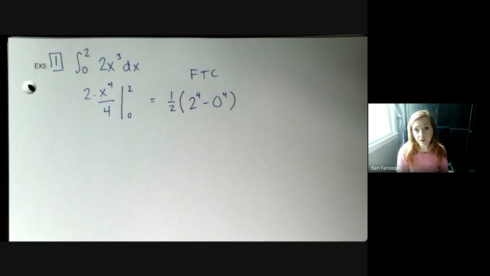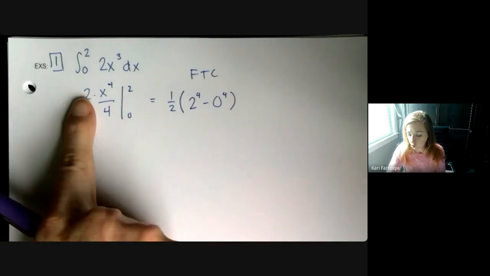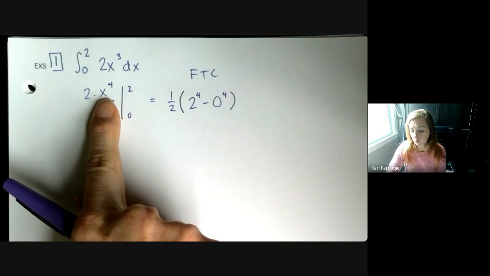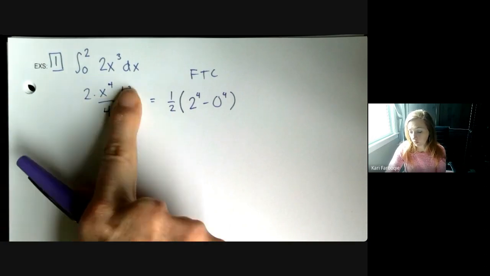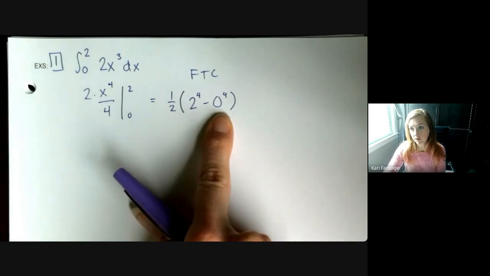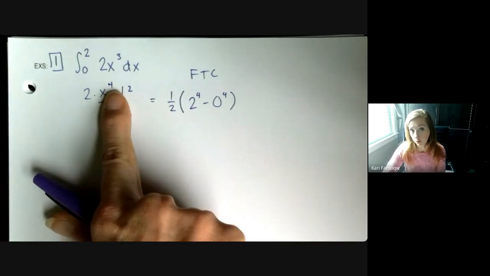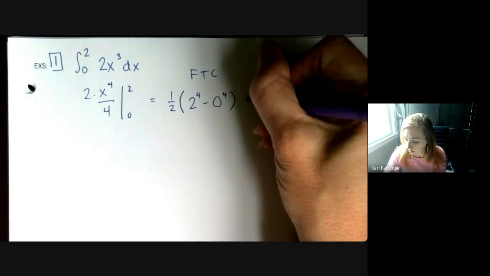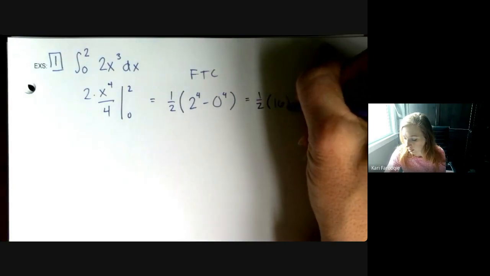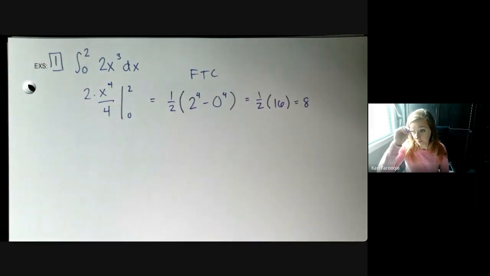And then I simplify. So the 2 over 4 gave me the 1/2. Then x to the 4th is what I was taking from 0 to 2, starting with that upper limit and then subtracting off the lower limit to the 4th power. So it's 1/2 times 16, which is 8.